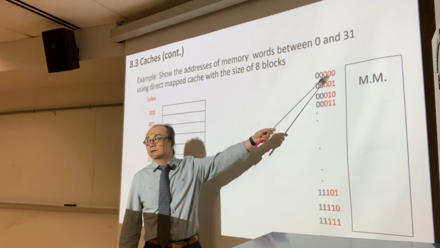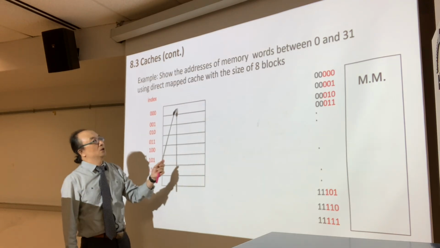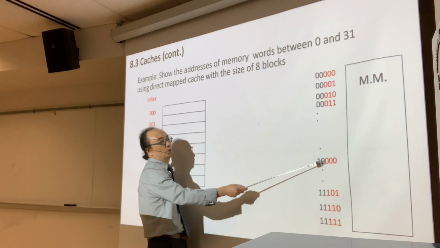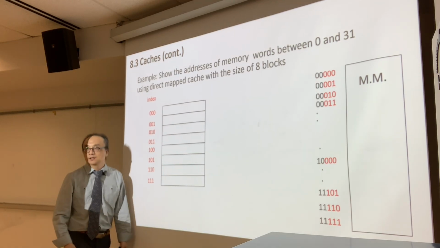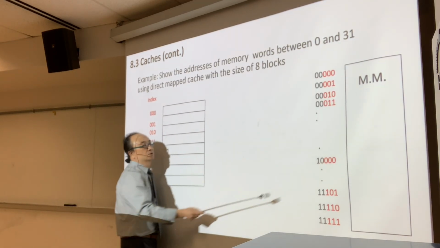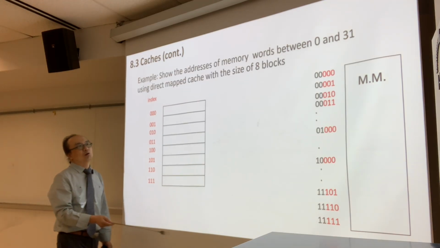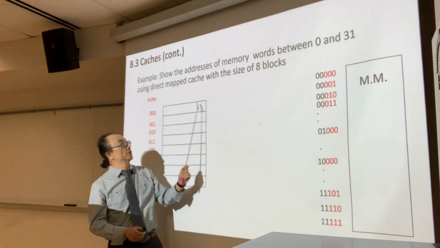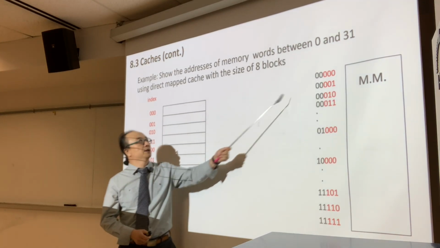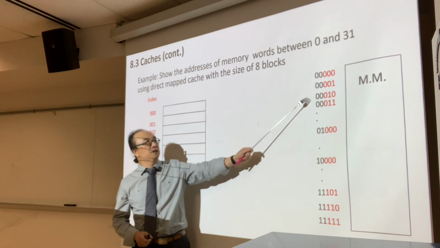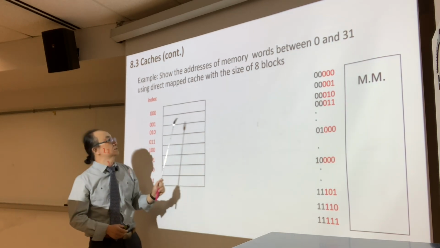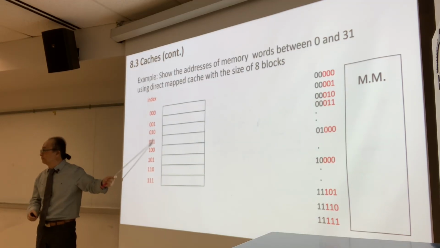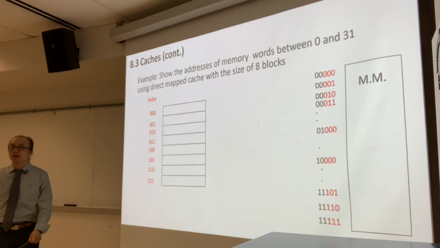Memory address 0 is going to go here, and when we have 1, 2, 4, 8, 16, and 16, the lower 3 bits of 16 are also 0, and the lower 3 bits for 8 are also 000. So this one is going to go here, this one here, this one here. And then 00001 is going to be here because the index value is 001. Make sense? So that's the direct map.